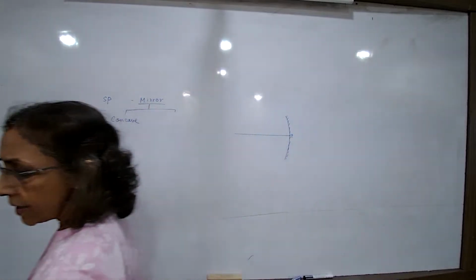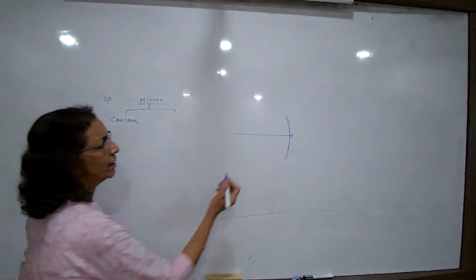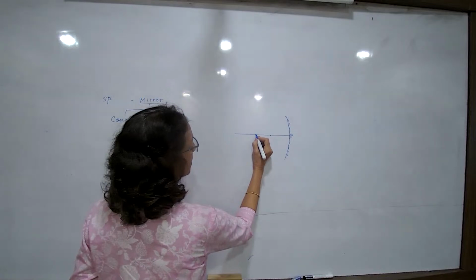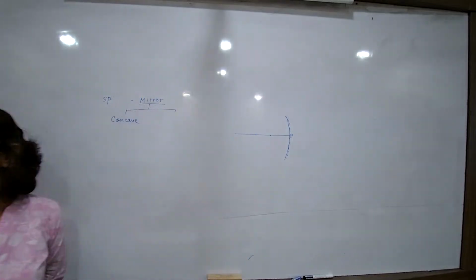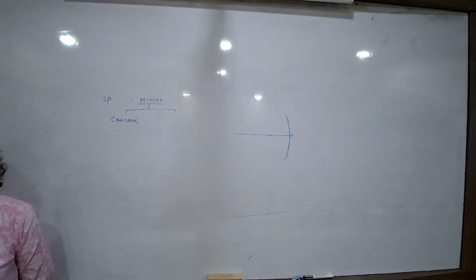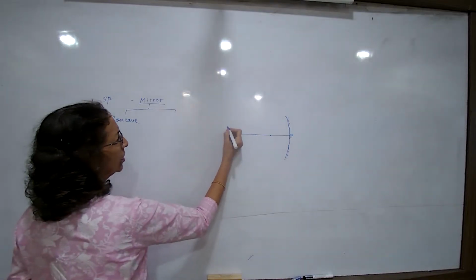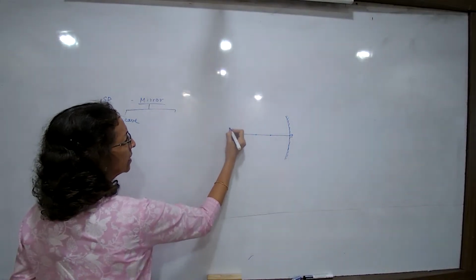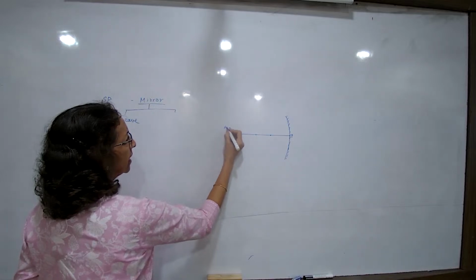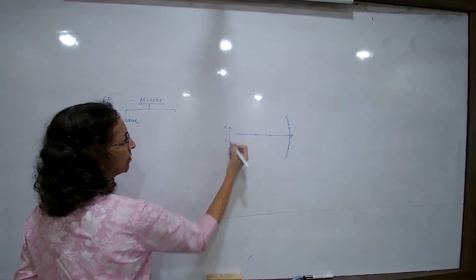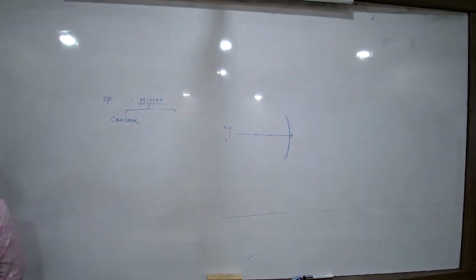Take some measurement like 2 centimeters and 4 centimeters. Then draw an object. Write it as AB, which is your object. Get a little away from your C.